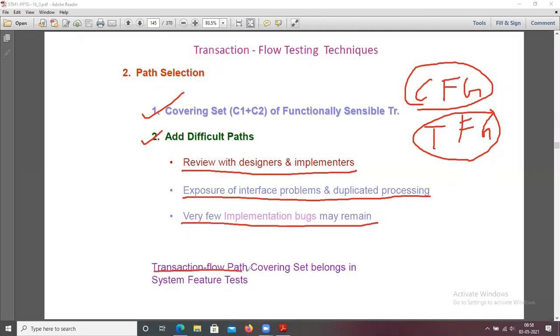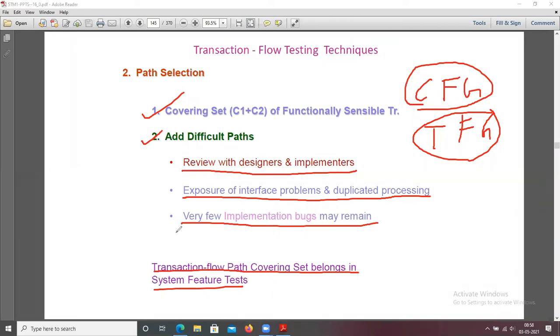So transaction flow path covering belongs in system feature tests. So in path selection, you are going to start covering C1 plus C2.